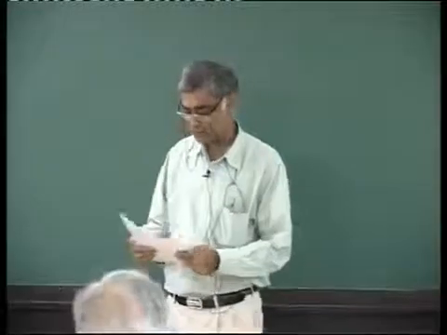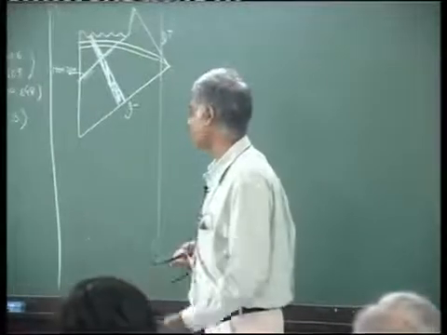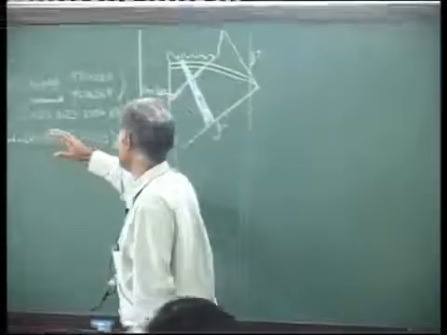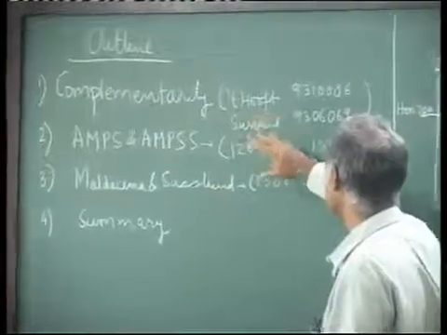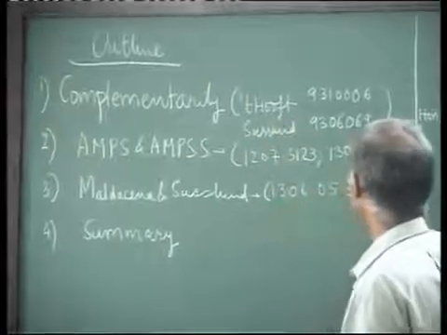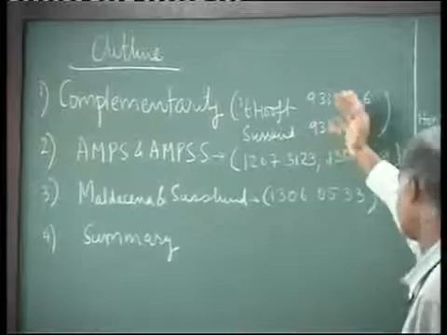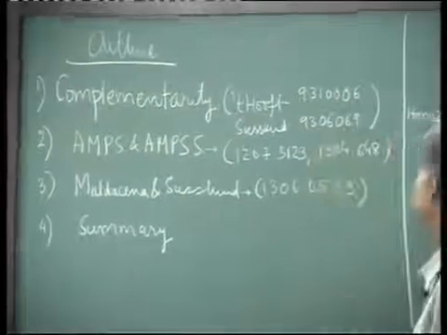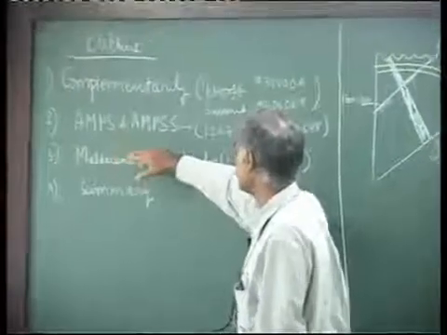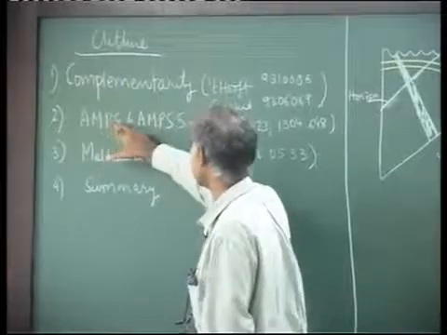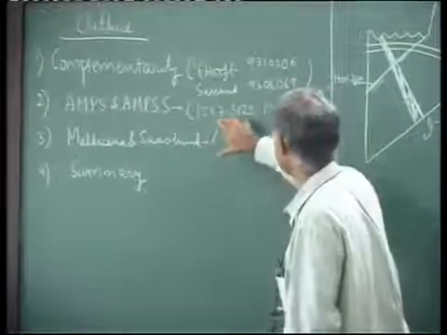Well, I was told to review some of the more recent developments, and what I thought I would do is start by telling you a little bit about the ideas of complementarity, which were developed by 't Hooft and then later also by Susskind and various collaborators. If you wanted to look at one paper, there are others; I've given some arXiv numbers here. After that, I would go to the recent work of AMPS, Almheiri, Marolf, Polchinski, Sully, and the other S here is Stanford, which are in these papers.